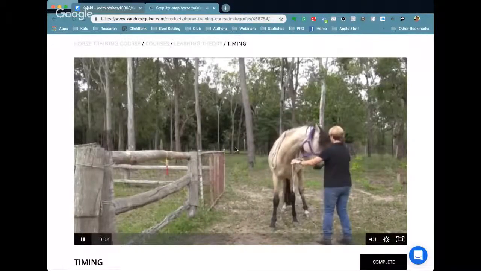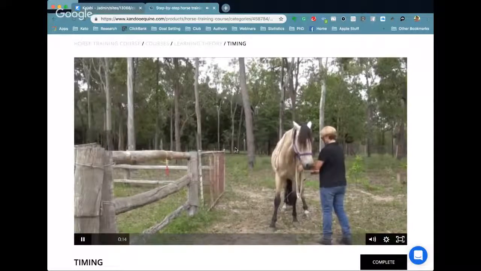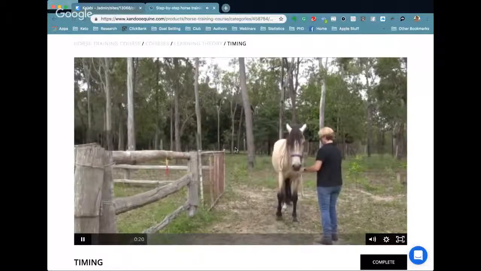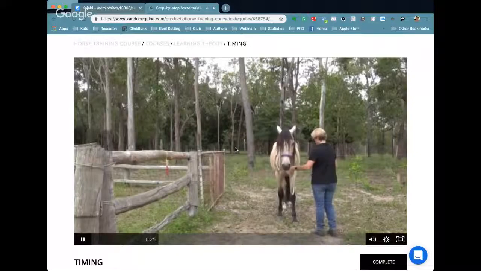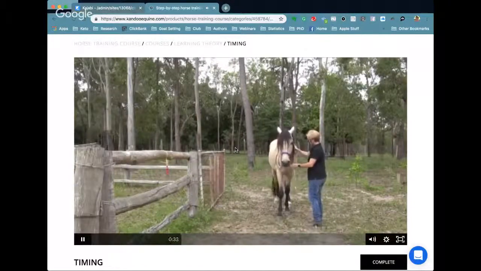And here I'm teaching the horse to back up using that tapping on the cannon bone cue, which is the same form of punishment as I used when I was getting the horse to stop pawing.